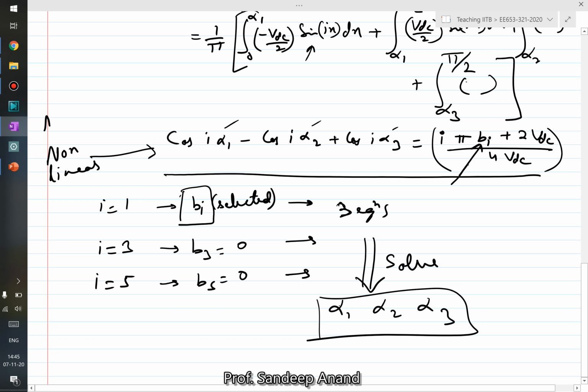Again, you can control the magnitude. Phase angle you can anyway control by providing a phase shift to the complete switching cycle. So you can control both, plus you can eliminate third and fifth, or even ninth or even 11th, depending on how many switchings you incorporate.